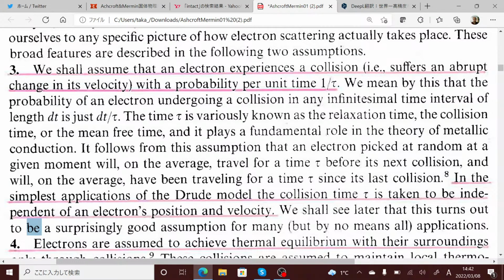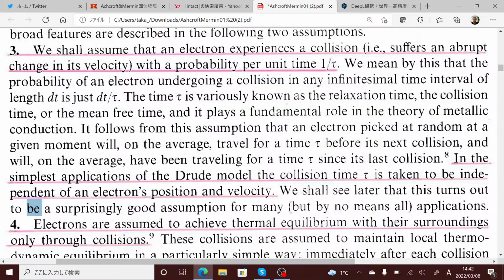Variously known as the relaxation time, the collision time, the mean free time, and it plays a fundamental role in the theory of metallic conduction.